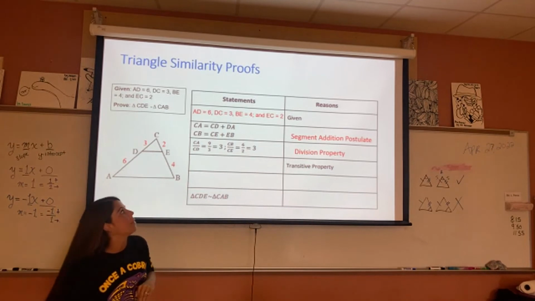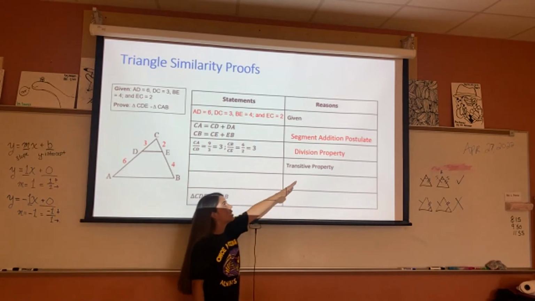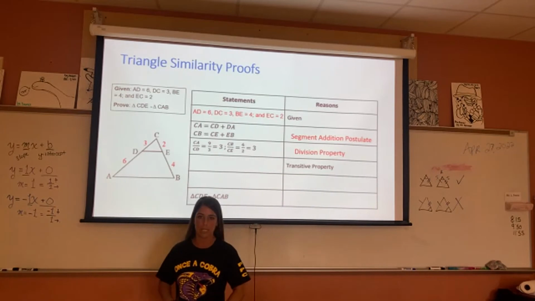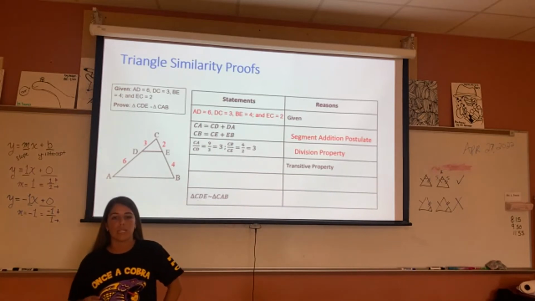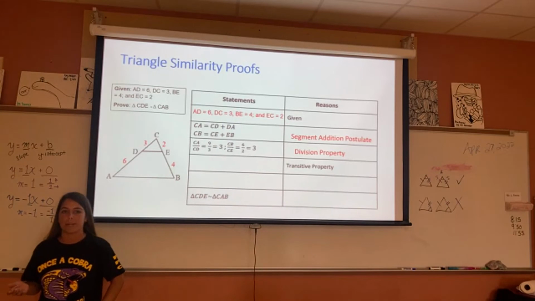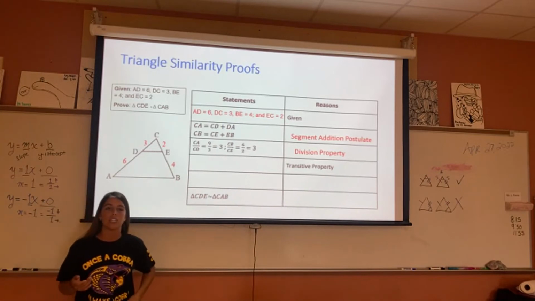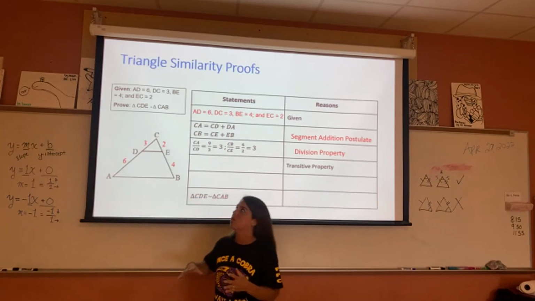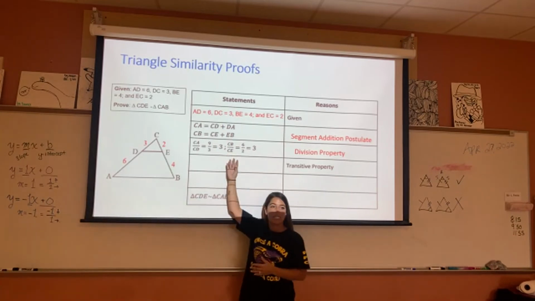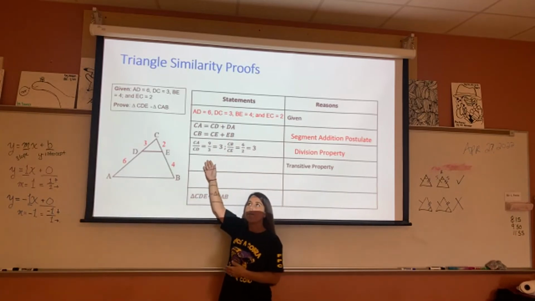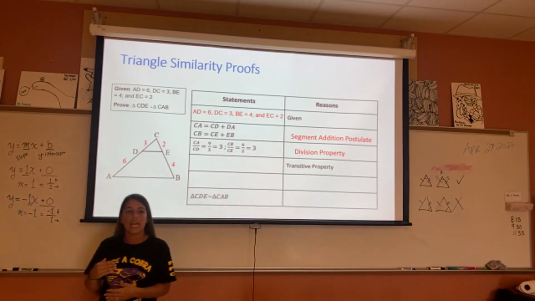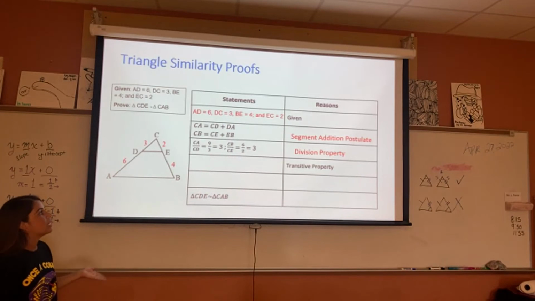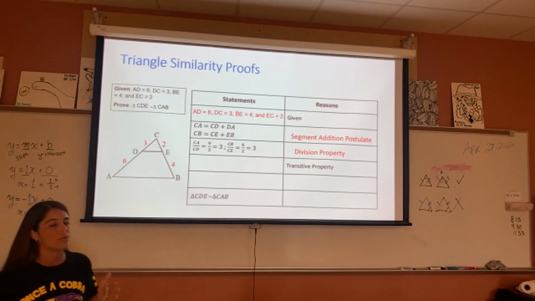The next step, this time they're giving us the reason, which is the transitive property, and we need to figure out the statement. The transitive property is really the substitution property. If they're asking us to use the transitive property, really what they're asking us to do is simplify this step. In this step, I know that CA over CD equals 3, and I know that CB over CE equals 3.